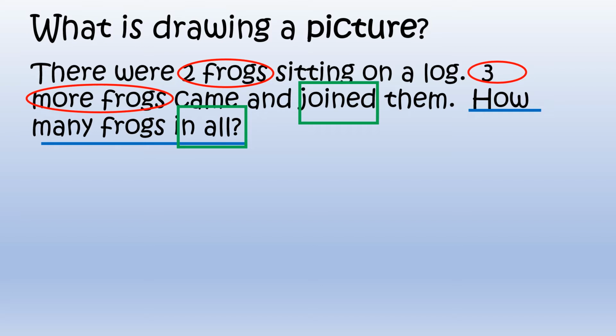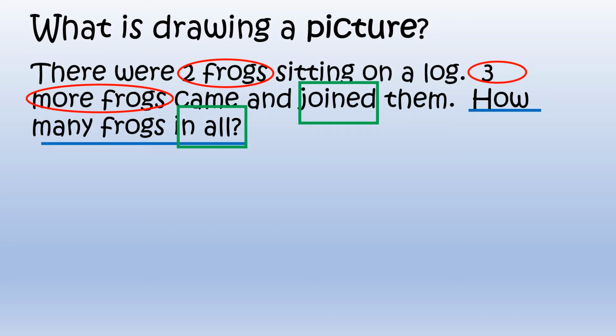Well, we first look at the question, how many frogs in all? We then look at the circled numbers and units and decide what we're going to draw. It says 2 frogs, 3 more frogs. And for the action word, it has joined. We know joined means addition.